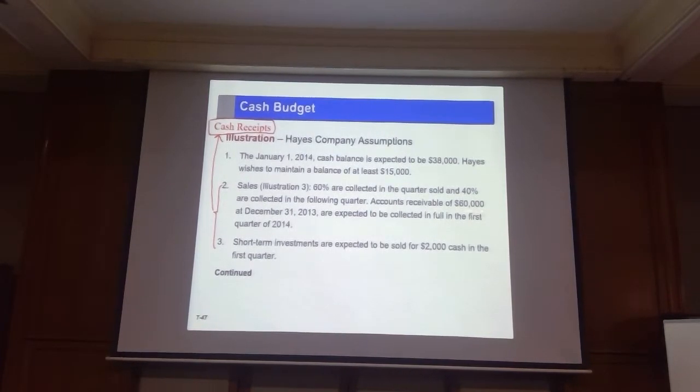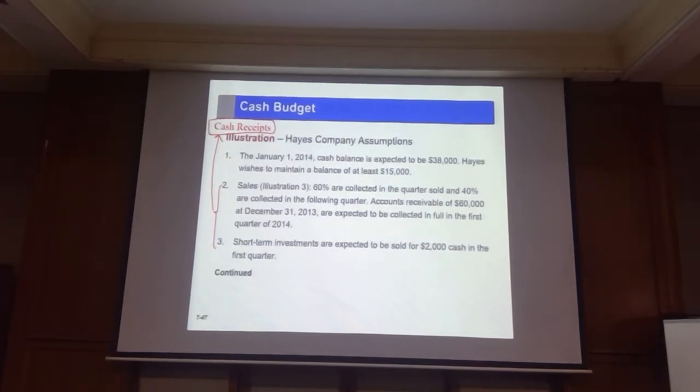And the company also knows that it has an account receivable of 60,000 at the end of last year, okay? And this amount will be collected in full in the first quarter of 2014, which is the year that we are making the budget, okay?